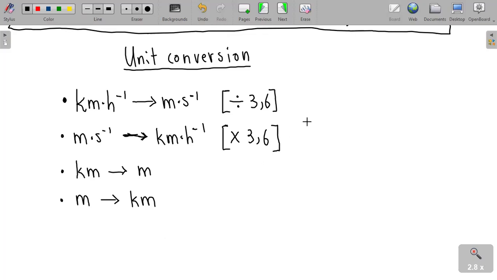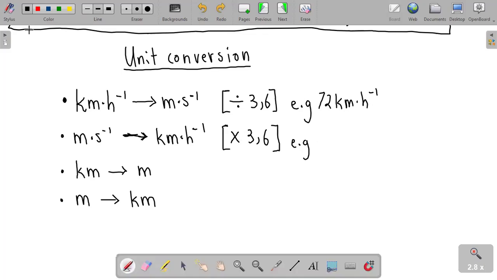Let me do some examples also. Say, for example, we have 72 kilometers per hour, and we want to change it into meters per second. We divide by 3.6.